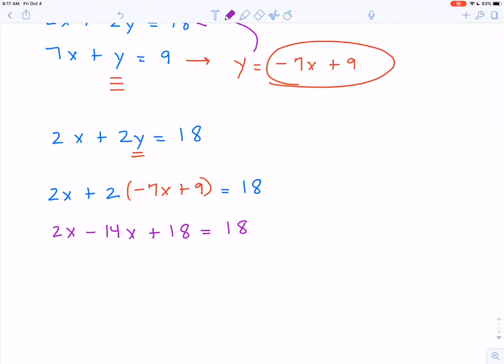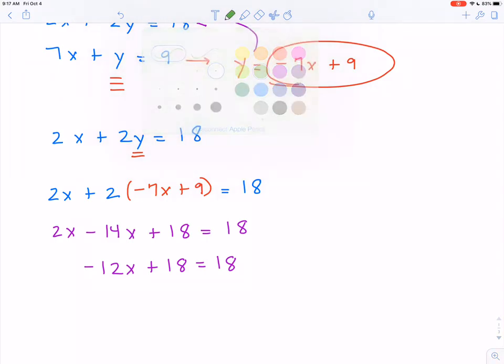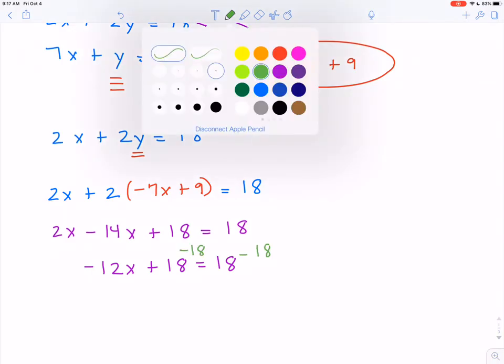And when you have just one variable, you're able to solve it using just one equation. So 2x minus 14x, that's negative 12x, just combining like terms. And then a basic linear equation, I just want to get x by itself, get everything else on the other side. So I'm going to subtract 18 from both sides.